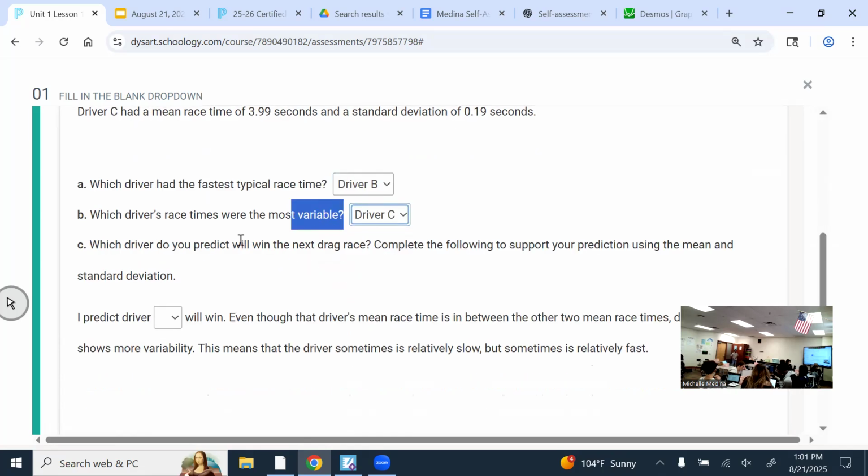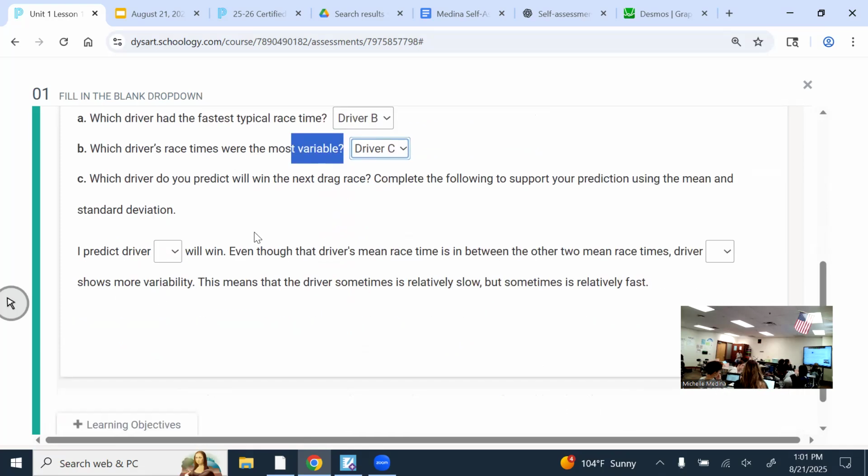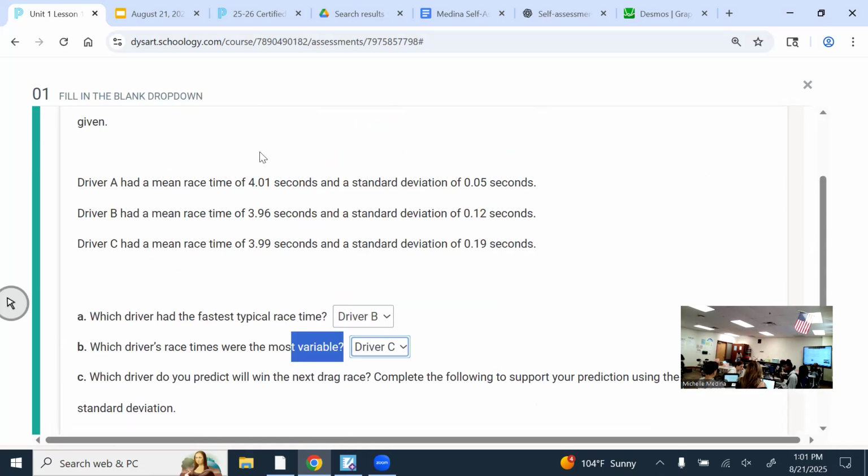So now, which driver do you predict will win the next race? Let's see the context clues here so we can pick the right one according to them, because we could have different opinions, but they have a certain one picked. So even though the driver's mean race time is between the other 2 race times, okay, so let's look at the means again right here. Whose mean is between the others? C, right?